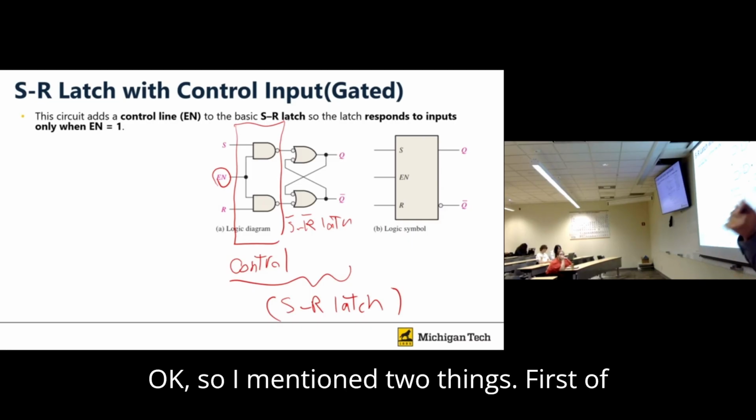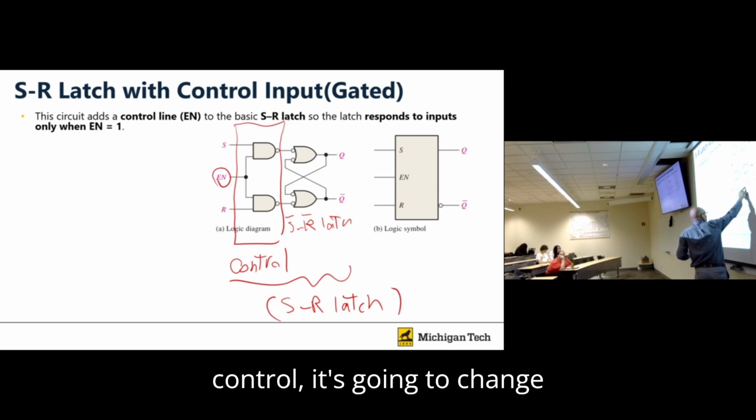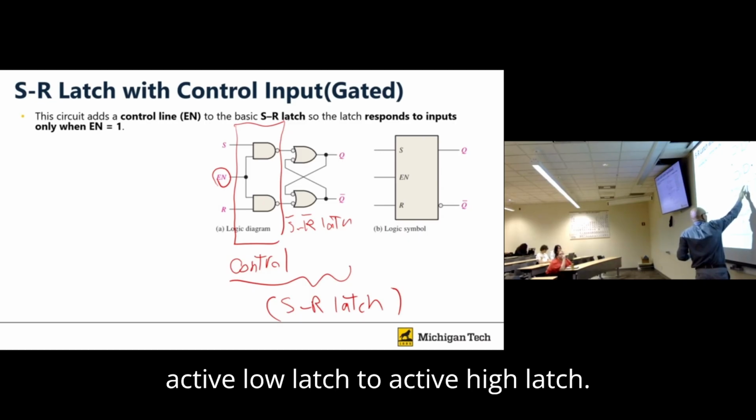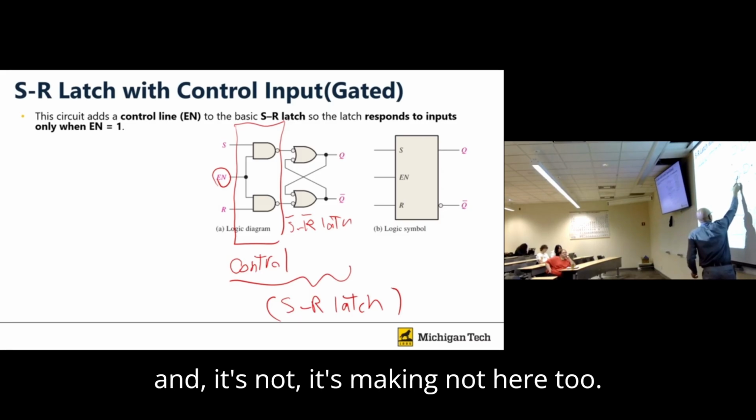Okay, so I mentioned two things. First of all, using this control is going to change the active low latch to an active high latch. I want to ask you why. Because this is not just an AND, it's a NAND. It's making a NOT here too.